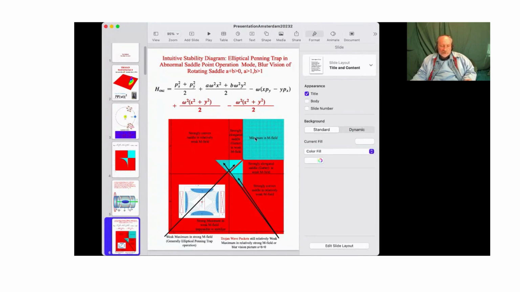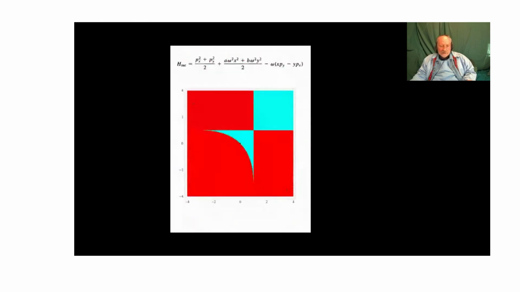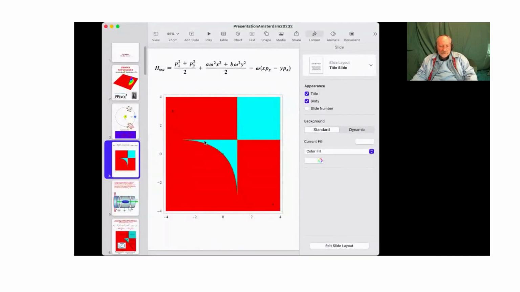These zones correspond to minimum, which are always stable, and these zones, small triangles, correspond to the Trojan wave packet zones. The intuitive picture is not predicting really the exact zones, because there are some mustaches here, which are from the exact calculations.